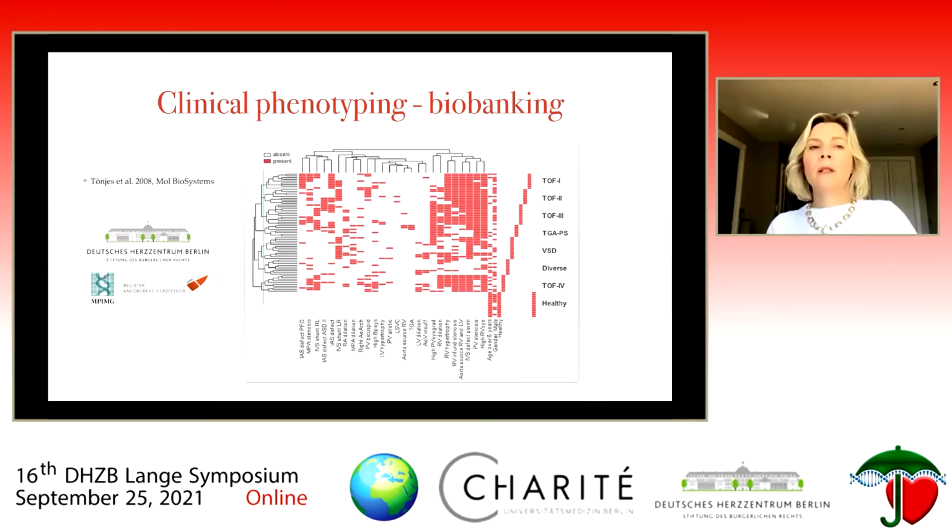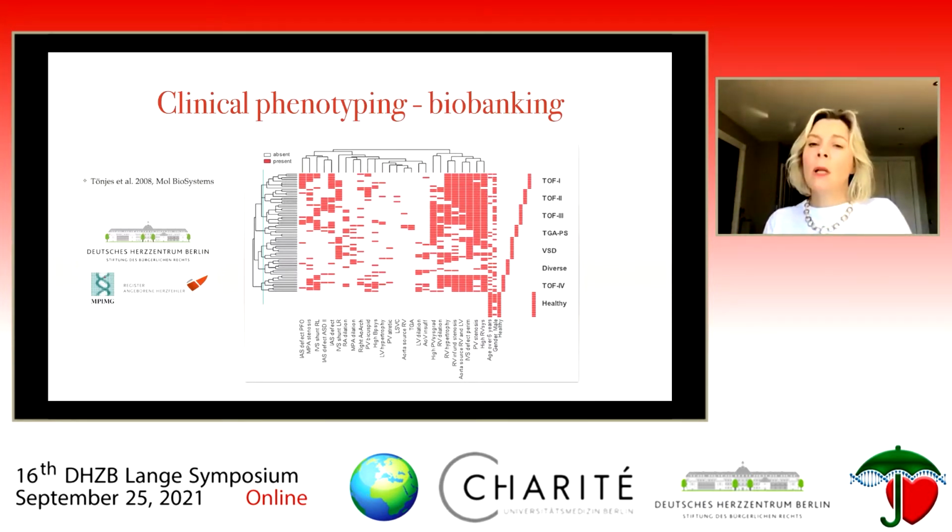And I think what is now in our days totally clear is that we need to have a very deep clinical phenotyping connecting with biobanking to identify the subphenotypes. Well, what you see here is just a hierarchical clustering of different cardiac characteristics, which we had used back in that time for clinical phenotyping in a database we had developed. And you see easily that you can discriminate for different kinds of tetralogy of Fallot who have minor differences in pressure levels and so sub-differences.